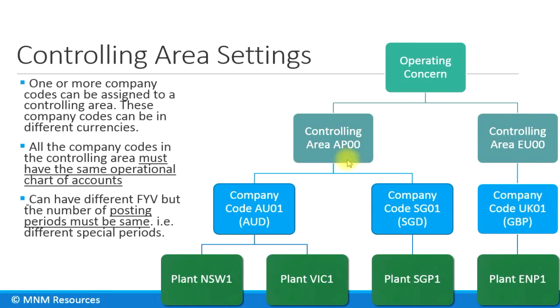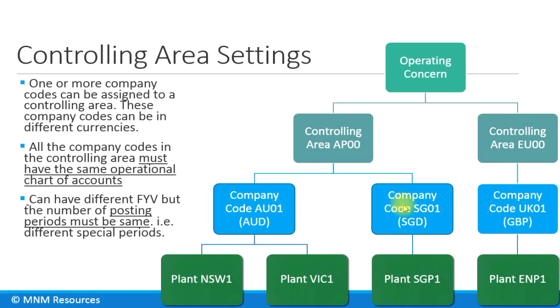Just like how we assign one or more controlling areas to one operating concern, you can assign one or more company codes to one controlling area. In this example I have shown two company codes using the same controlling area. So this is a many-to-one relationship, and here one company code using one controlling area is a one-to-one relationship.